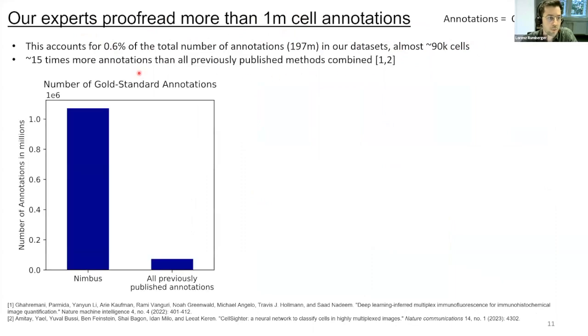And I compared this to all the previously published gold standard ground truth annotations in multiplex data about whether a cell is positive or not for a given marker, and it dwarfs the other data sets. It's 15 times more manual annotations than all the previously published studies combined.